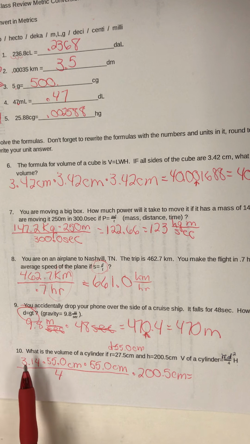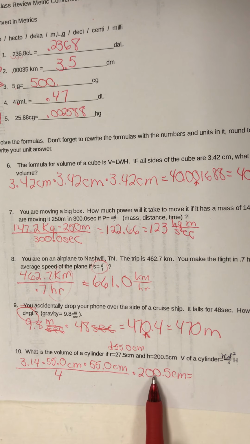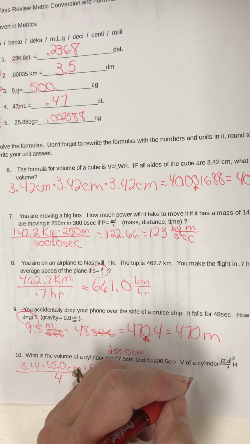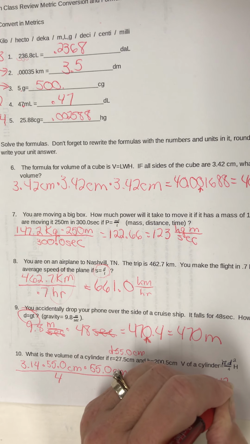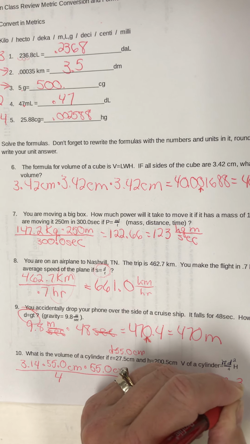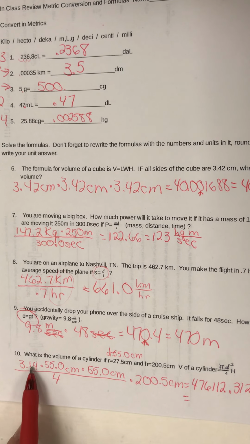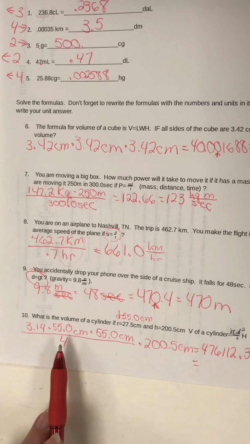So I usually take 3.14 times 55 divided by 4 times 200.5, and I get this ridiculously long number, 476,112.3125. This is not a measurement, so it doesn't count when we're counting measurements, neither is the 4.